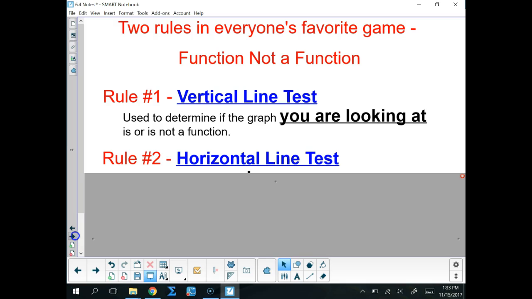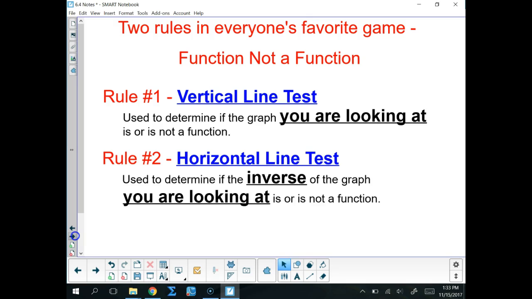Vertical line test is going to tell me what I'm looking at, function or not a function. The horizontal line test is going to tell me if the inverse of what I'm looking at is or isn't a function.